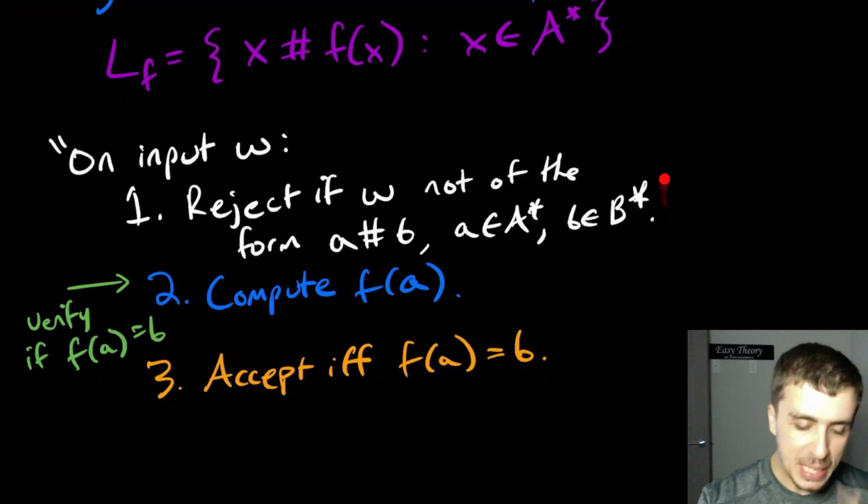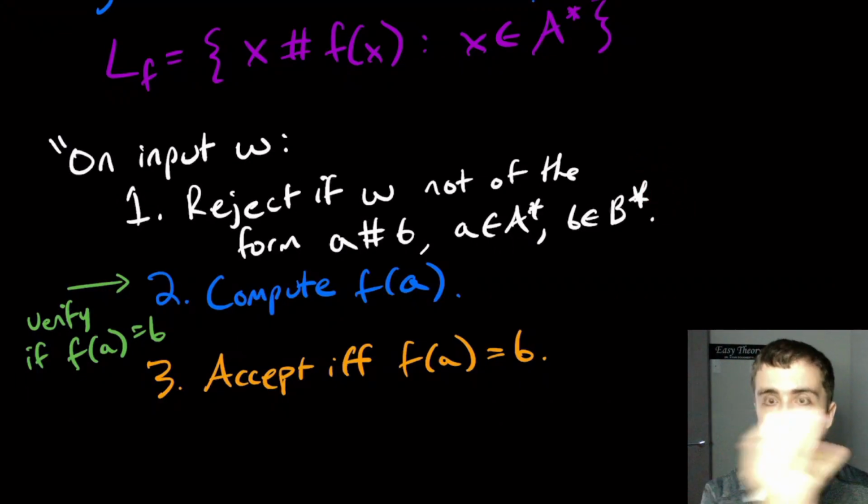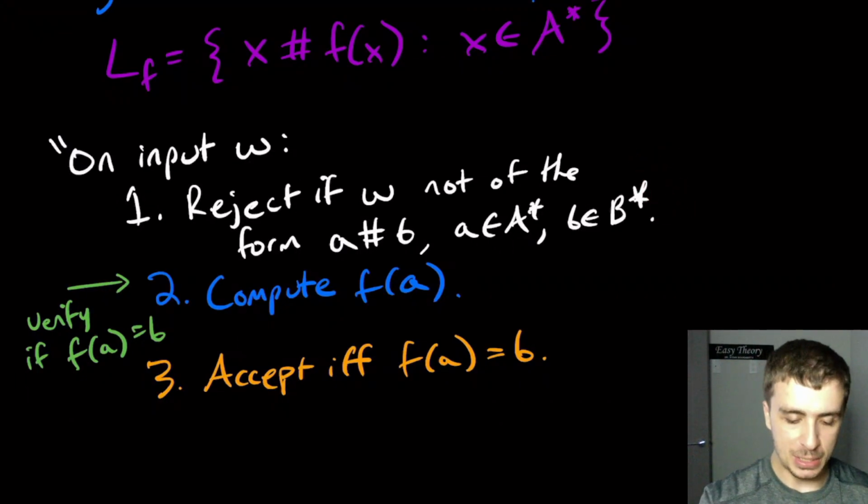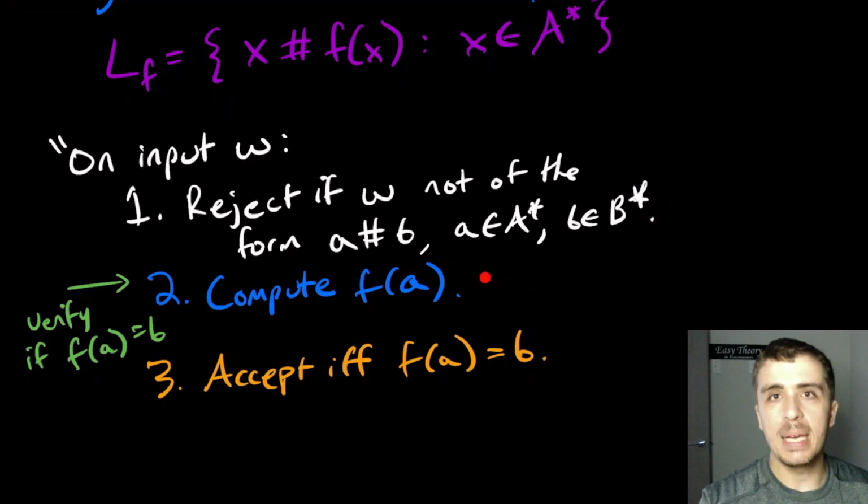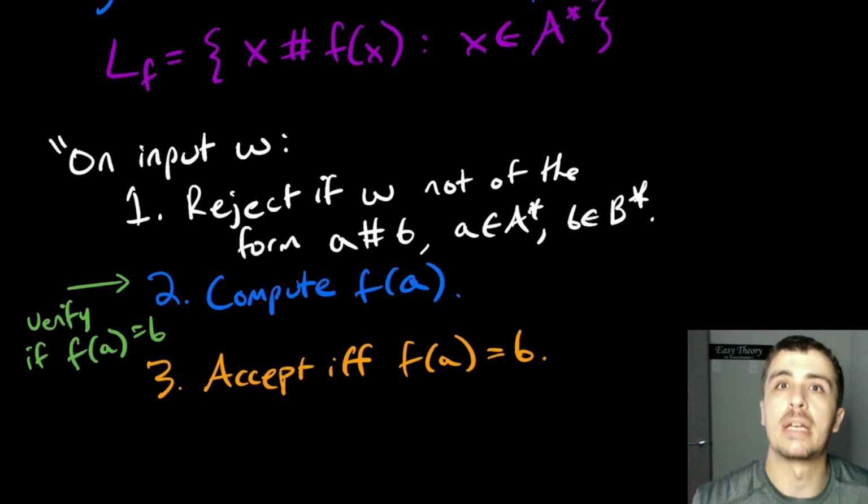So step 1 takes a finite amount of time because it's just checking the input against finite alphabets. Step 2 takes a finite amount of time because by assumption the function f is computable, and step 3 takes a finite amount of time because it's just a finite length string comparison.